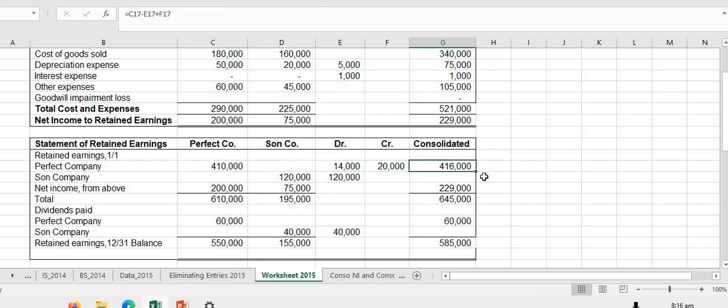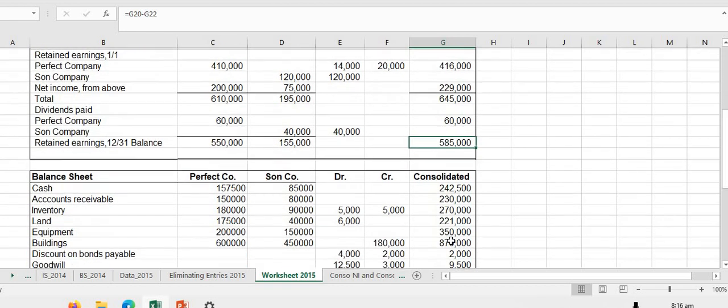Plus the net income attributable to parent or consolidated net income, that's actually here 229,000. And then we eliminate the dividends income of 40,000. So, only 60,000 will be forwarded to the consolidated column. Okay, so we have retained earnings of 185,000.